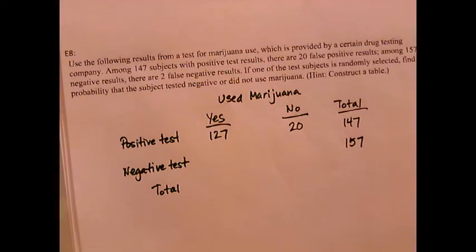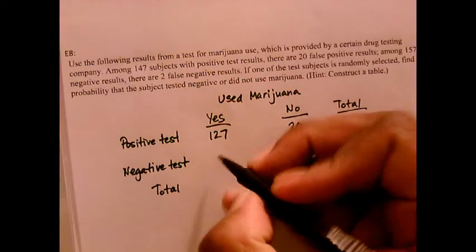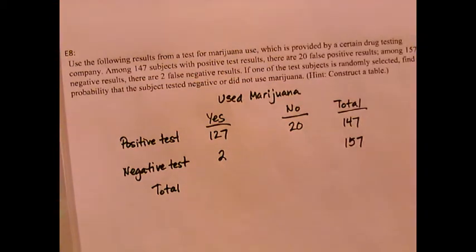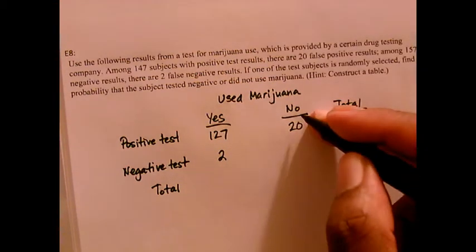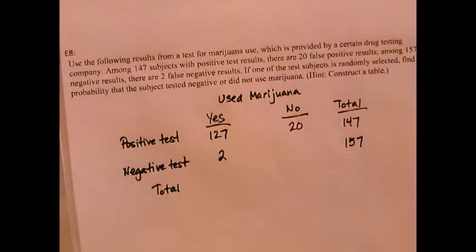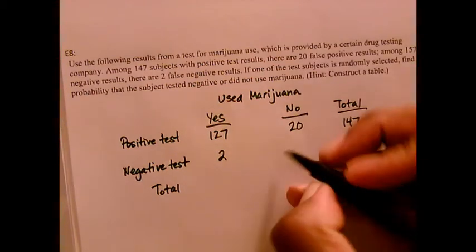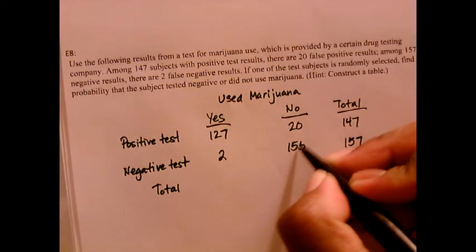False negative means that they used the marijuana, but their test came back negative. So the 2 goes here. And to find out the number of people that did not use marijuana and got a negative test result, they didn't use marijuana and the test came back negative, so that would be a true negative result. Subtract 2 from the 157, you're going to get 155.